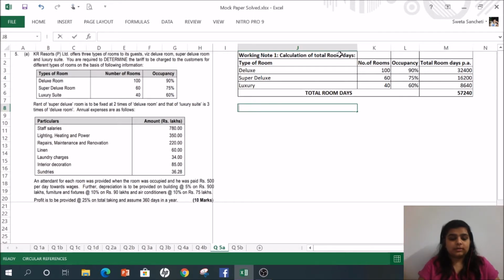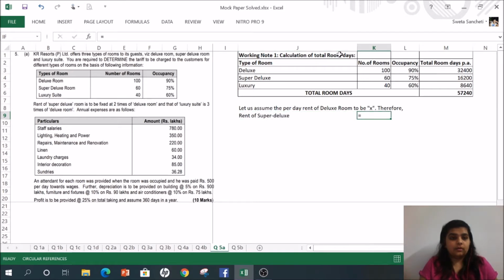So they have told us, so let us assume the per day rent of deluxe room to be X. Therefore, rent of super deluxe would be 2 times of deluxe, so that would be 2x, and rent of luxury would be 3 times of deluxe, so 3x.